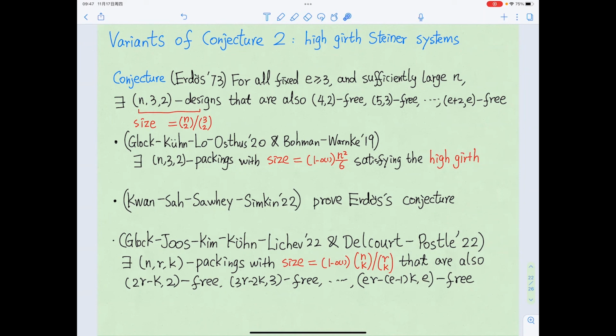Yeah, so several years ago, Glock, Kühn, Lo, and Osthus, and independently Bohman and Warnke, approximately solved Erdős's problem. They showed the existence of (n, 3, 2) packings with this high girth property, where the size of the packing is (1 minus little o of 1) n squared over 6.